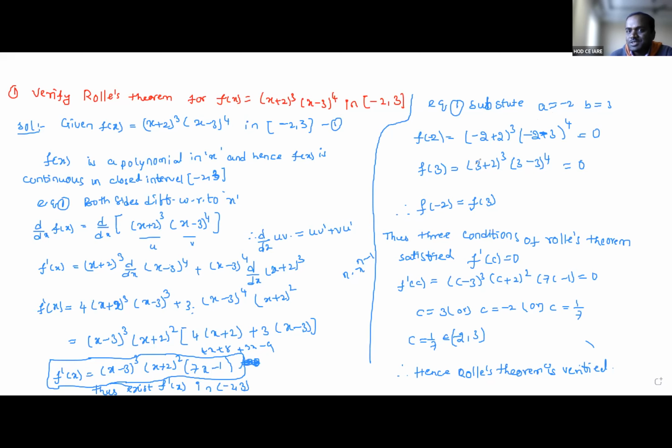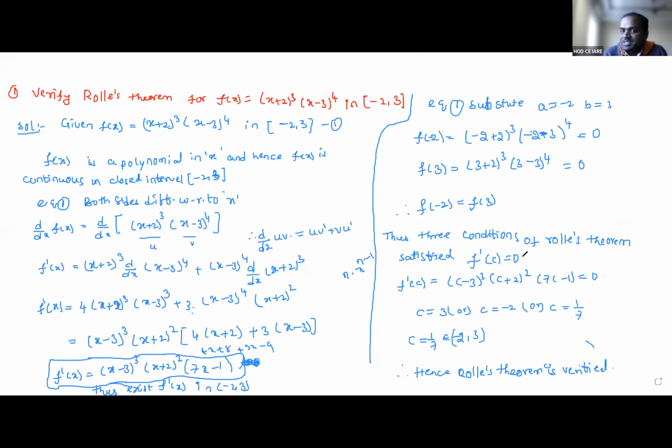Substituting 3, (3 plus 2) whole cube into (3 minus 3) whole to the power of 4. The second term is 0, and 0 into something is 0. So both are equal. F of minus 2 is equal to f of 3. Our third condition, f of a equals f of b, is satisfied. These three conditions are satisfied, that is Rolle's theorem. Thus the three conditions of Rolle's theorem are satisfied.